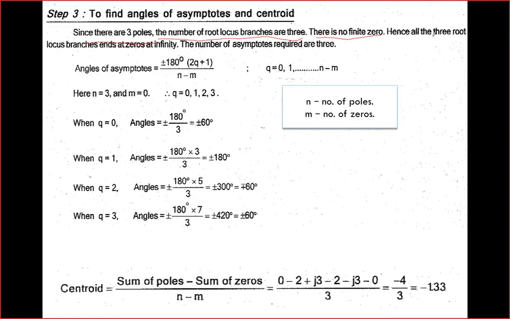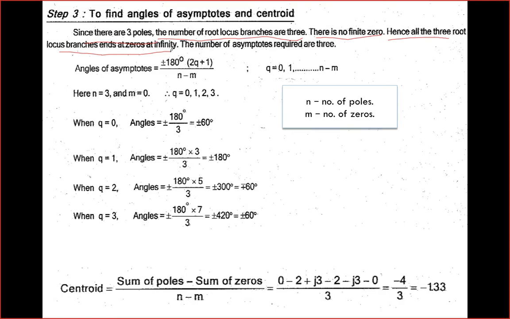Hence all the 3 root locus branches end at 0 at infinity. So ஜீரோவே இல்லை அப்படின்னா எல்லா பிரான்ச்சும் எங்கே போய் முடியும்? இன்ஃபினிட்டியில் போய் தான் முடியும். இன்ஃபினிட்டியில் 0 இருக்குன்னு அசியூம் பண்ணிட்டு நம்ம முடிக்க போகிறோம். அண்டர்ஸ்டாண்ட்? Okay. So all branches will start at poles and end at 0 at infinity here.